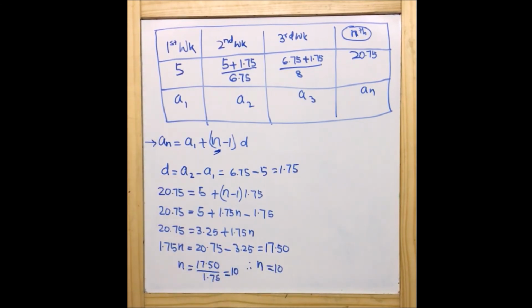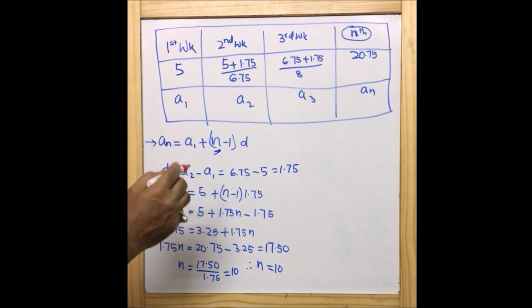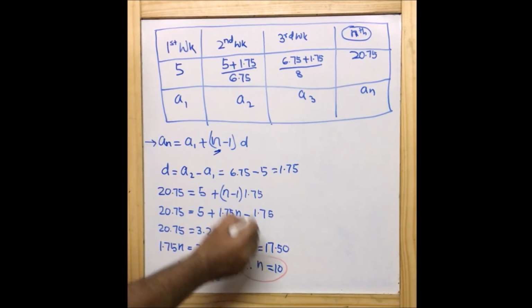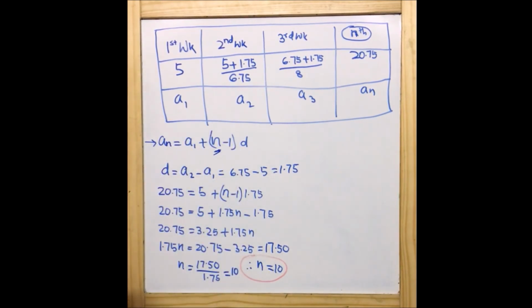So guys, here we got the value of N because it asked us in which week the savings became 20.75. We could see that in the 10th week the amount became 20.75 if she keeps on saving 1.75 each week. So we can say that the value of N is 10.